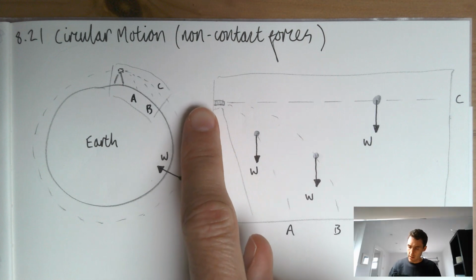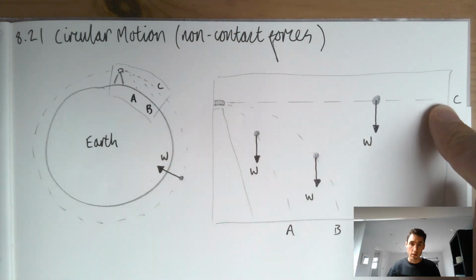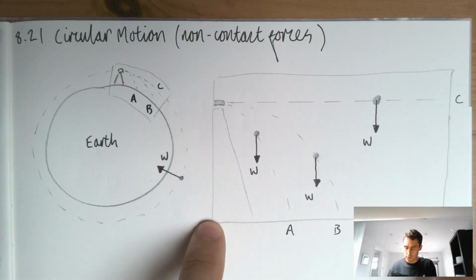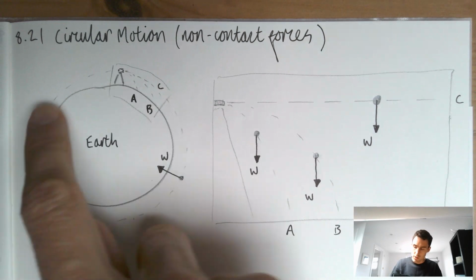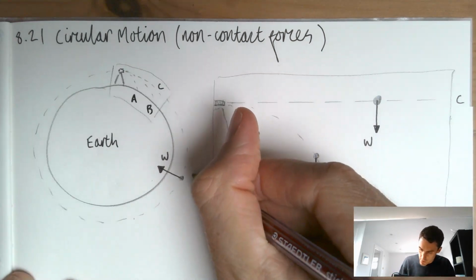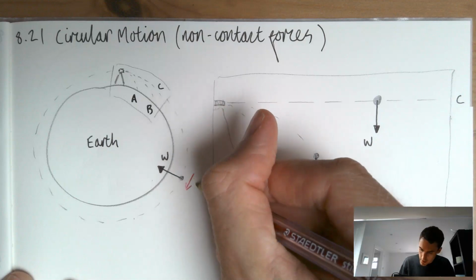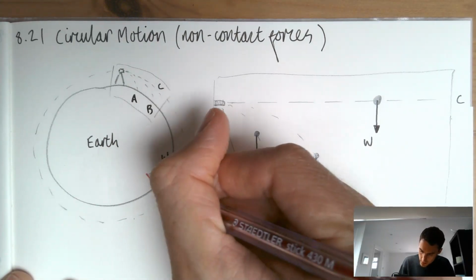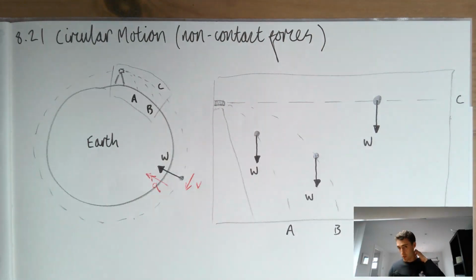Now, this is kind of confusing when you look at it on a small scale, and this is a very small piece of the Earth that's been made to look flat, but when you look at it on a big scale, we see that actually it's just the same type of example as we saw before. It's moving that way, it's accelerating towards the centre of the circle. And this is what I would want students to recognise, that it's exactly the same as those examples we saw previously.